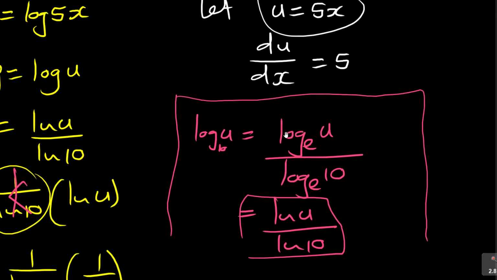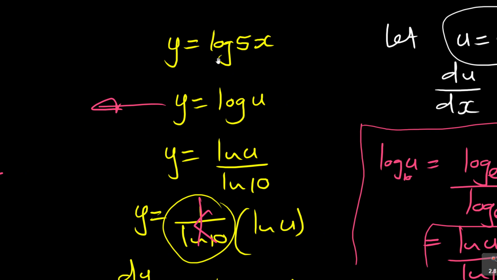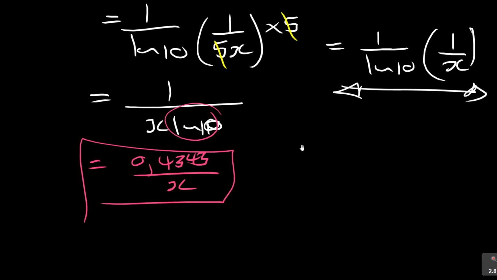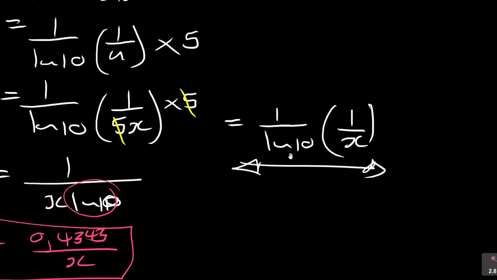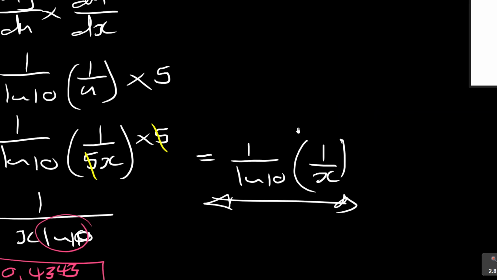Log 5x. Remember, we did differentiate log 5x. So log 5x gave me 1 over ln 10 bracket 1 over x, because I don't see the 7, so the 7 disappears in a way.